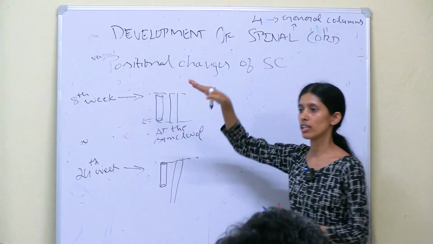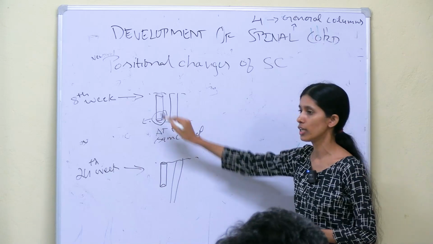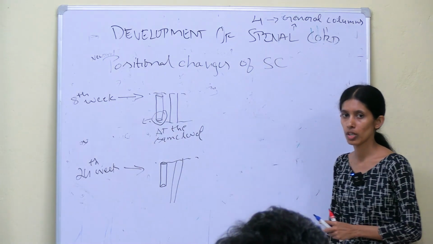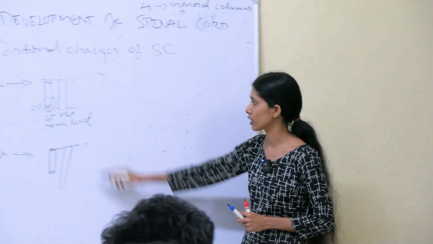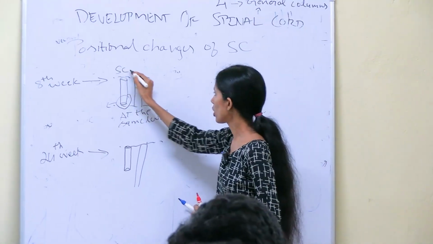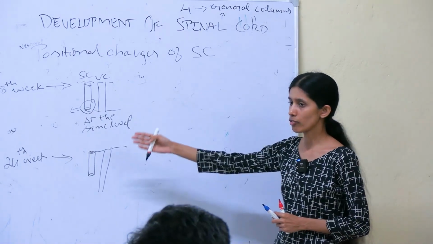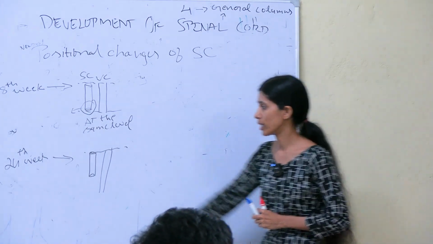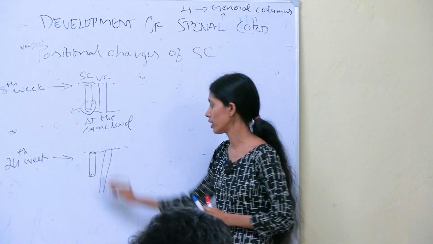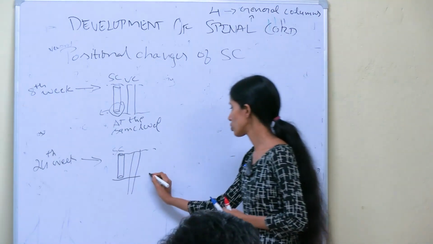The cranial end will be the same all the time, only the changes take place in the caudal end. Remember this point. At the end of the 8th week, the spinal cord and the vertebral column are at the same level. But by the end of the 24th week, your spinal cord is present at the level of the S1 vertebra.